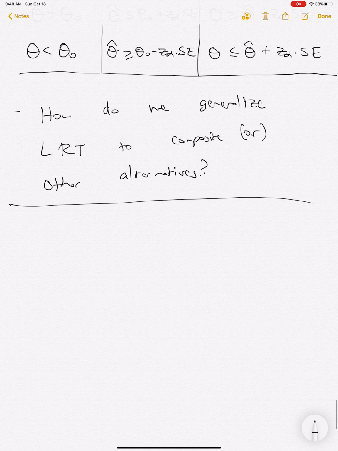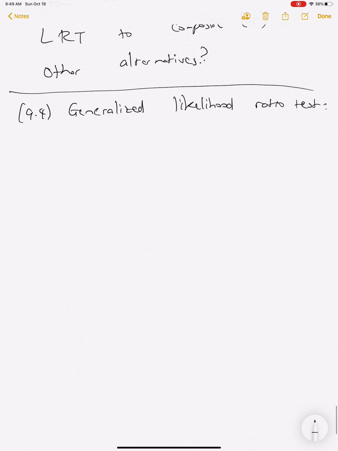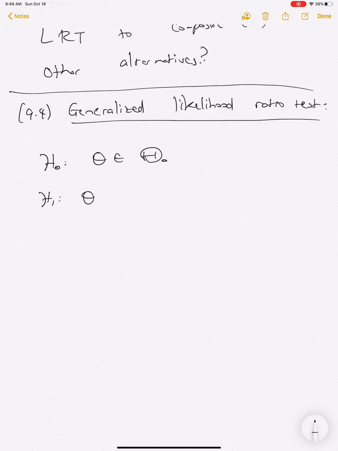This leads to section 9.4, the generalized likelihood ratio test. So we're going to say that H0 is theta is in Theta 0, and H1 is theta is in Theta 1.